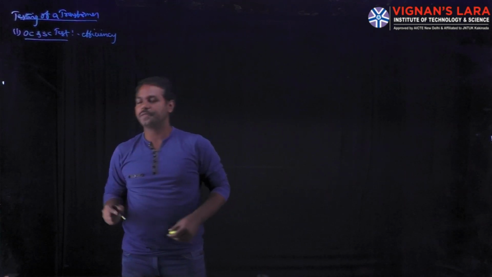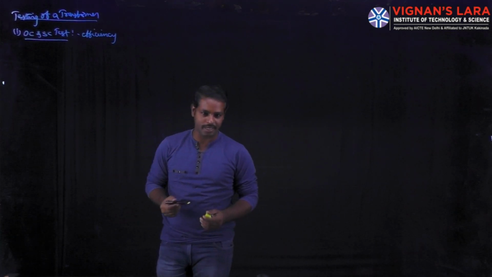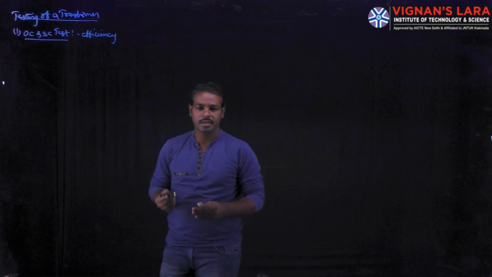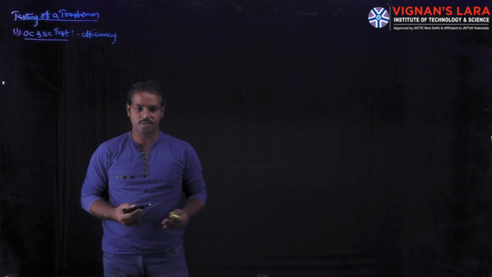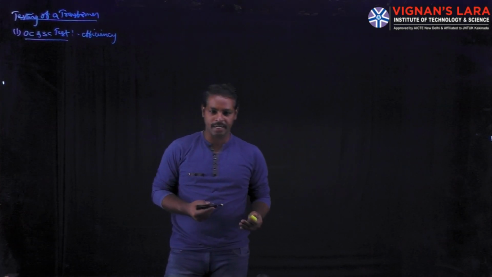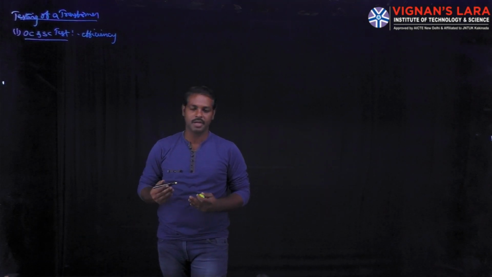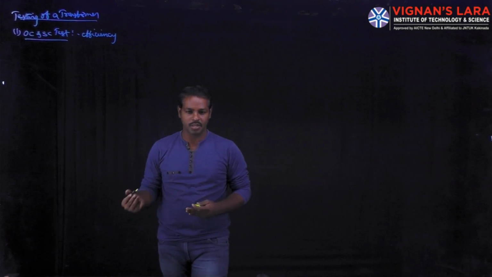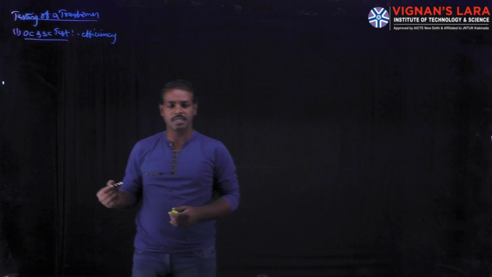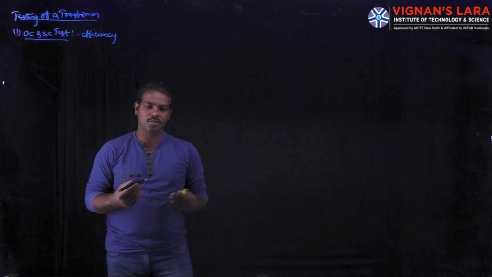The efficiency of a transformer is always in the range of 96 to 99%. Because a transformer is a static device, the losses in a transformer are very small compared to a DC machine, either motor or generator, which is a rotating machine, so its losses are also more.